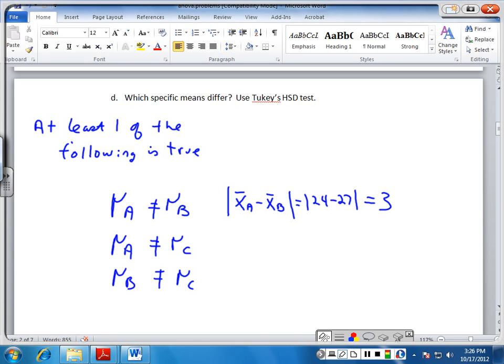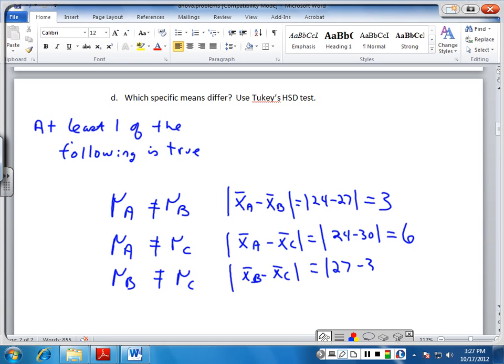Then for A and C, I'm going to get x bar A minus x bar C, and that is 24 minus 30, and so the difference in absolute terms between A and C is 6, and for B and C, 27 minus 30, and I've got 3. So you can take it as this difference between sample means of 3, 6, and 3.